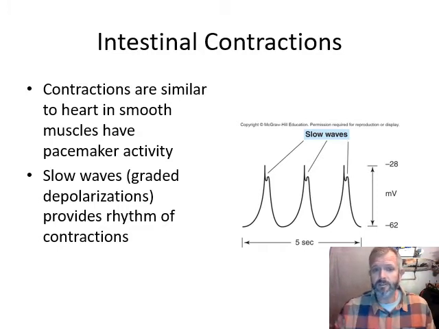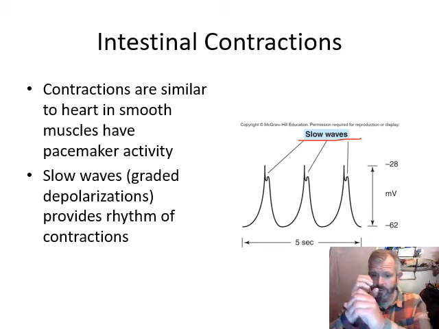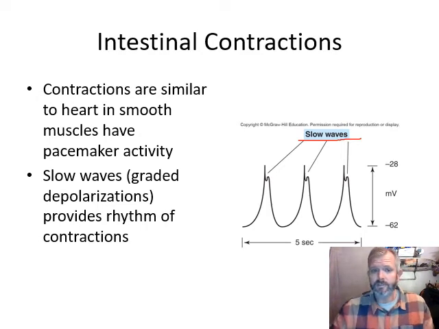In this case, we have these cells producing what's called slow waves, producing these depolarizations, and we have gap junctions from these cells into the smooth muscles around the digestive tract, and they're going to help aid in the contraction of that smooth muscle. Okay, they are kind of like the pacemaker activity. Okay, and similar to the heart is we have this autonomic, right?